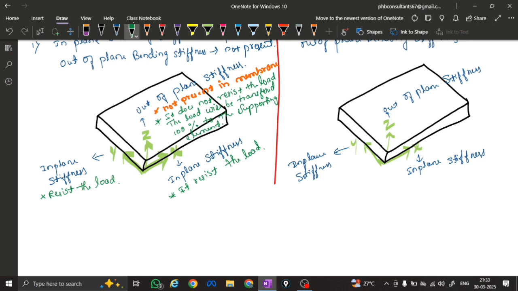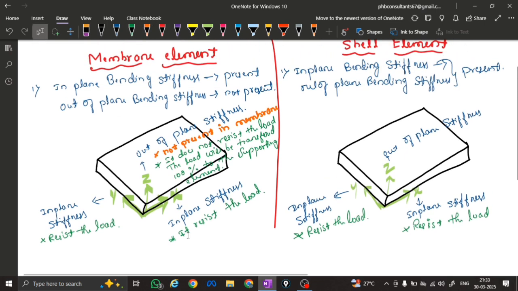In shell element also, in plane stiffness resists the load. Same here also, it resists the load. In our shell element, both in plane and out of plane bending stiffnesses are present.